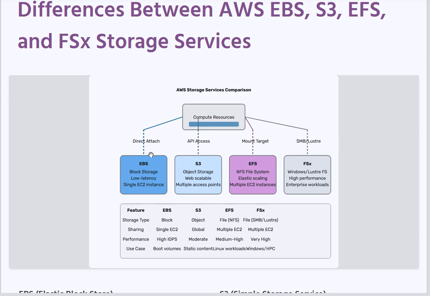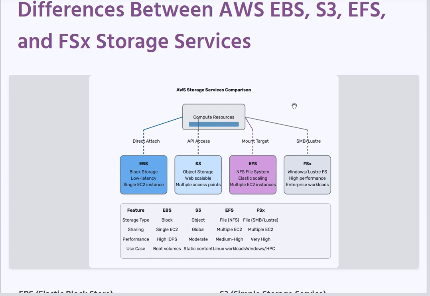You can create a programming interface to talk to S3 buckets, for example an EC2 instance reading an S3 bucket log. It's web scalable with multiple access points. So it's API access, not direct attach.